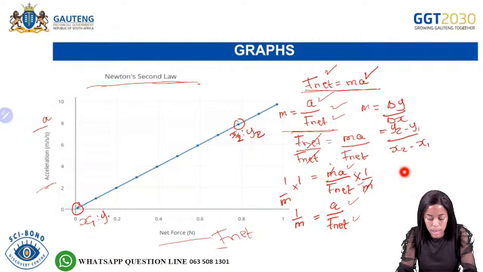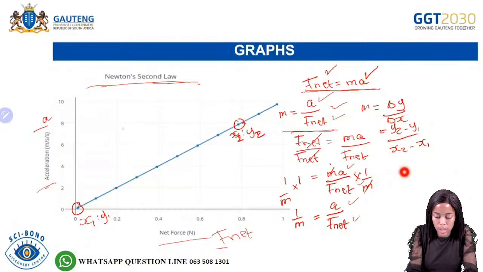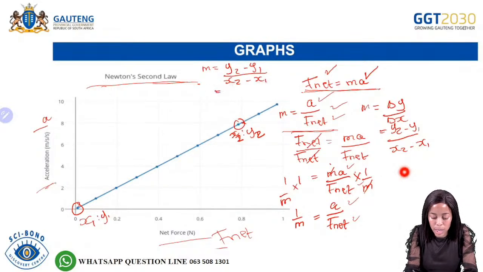This point here, y2, on your y-axis would be represented by 8. Let me write it over here. So m is equal to y2 minus y1, over x2 minus x1. Your y2 in this case would be represented by 8, and then your x2, it means you go down the graph, would be represented by 0.8.